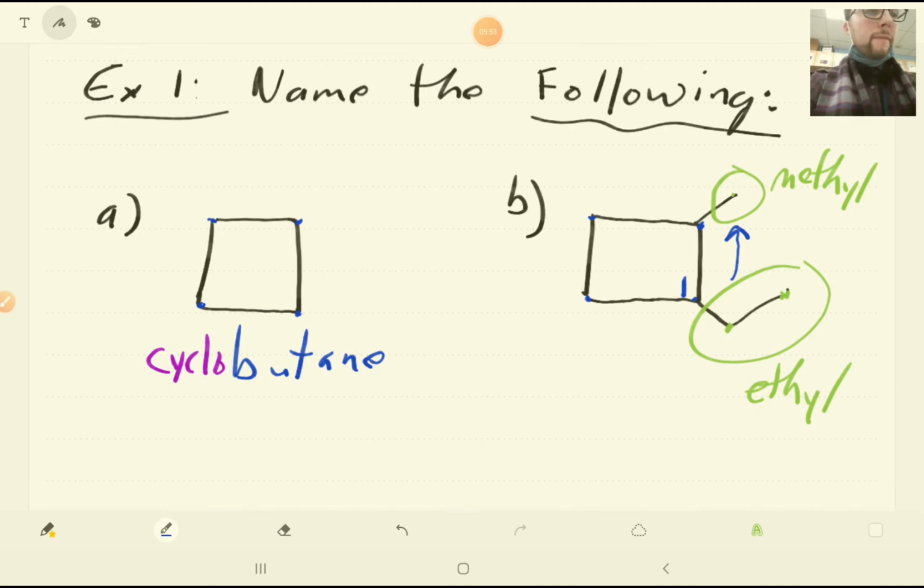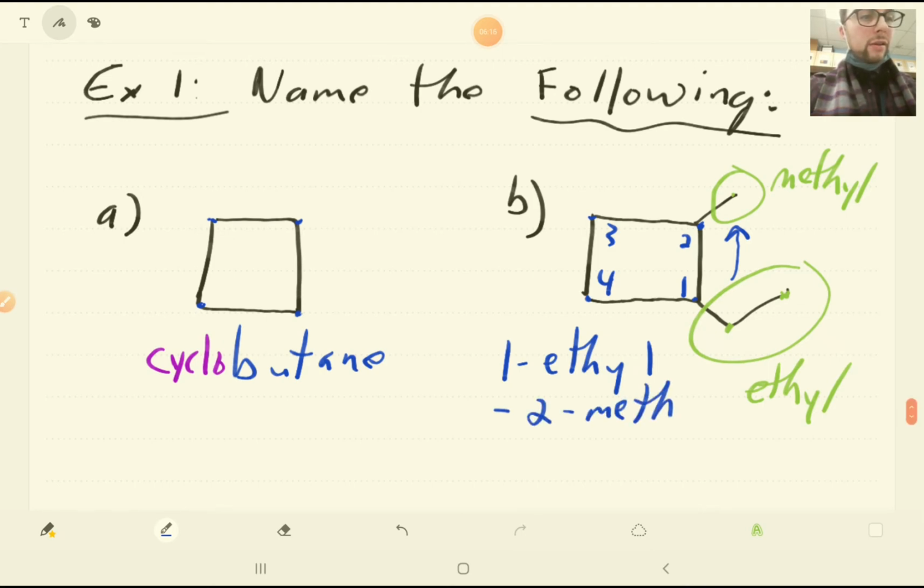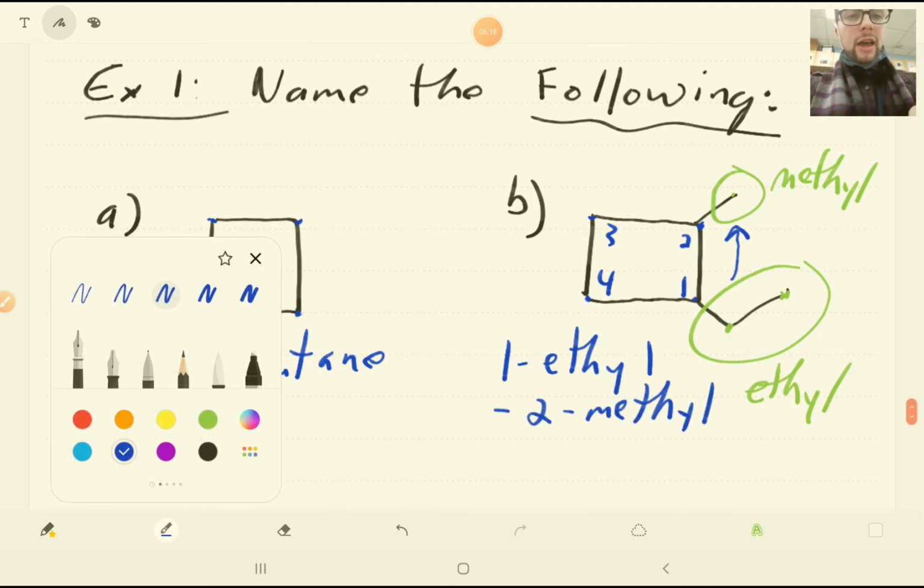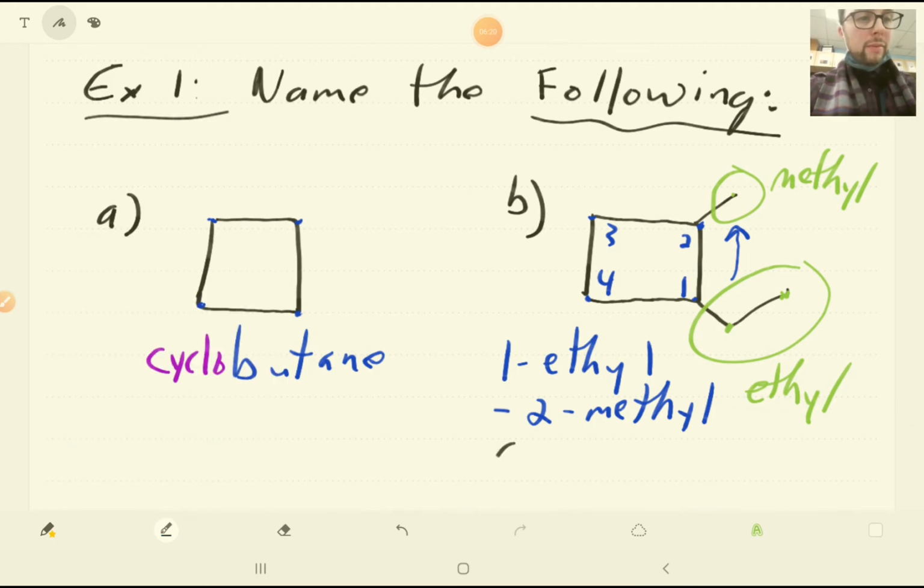So when I name this, it'll end up being 1-ethyl-2-methyl, and then, because it is a closed shape, cyclobutane.